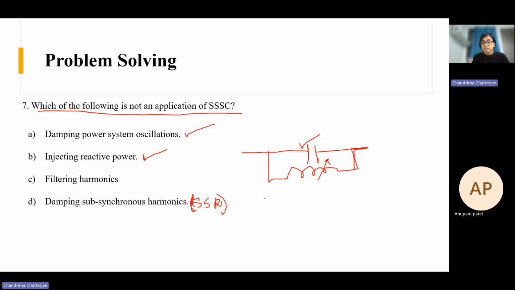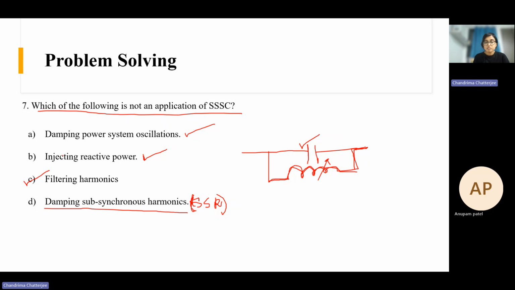The SSSC is a voltage source inverter. So there cannot be any subsynchronous resonance, and it can also damp the subsynchronous resonance by some methods, which is out of scope. But this is an advantage of SSSC, that it is immune to subsynchronous resonance. That's why filtering harmonics is not an application of SSSC.